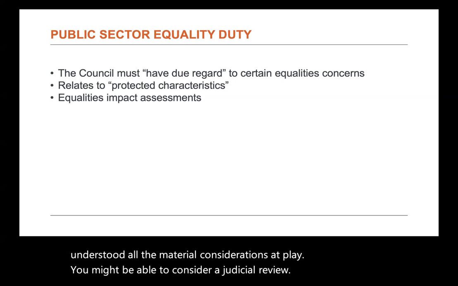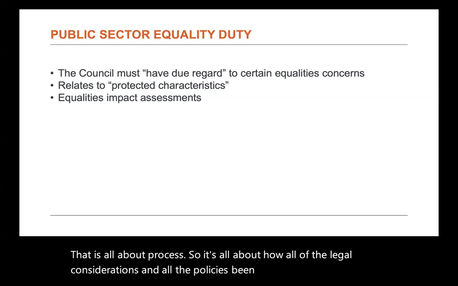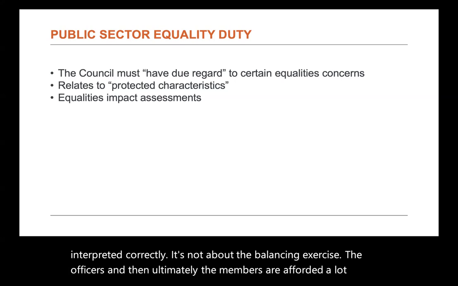That is all about process. So it's all about whether all of the legal considerations and all the policies have been properly understood and interpreted correctly. It's not about the balancing exercise. The officers and then ultimately the members are afforded a lot of discretion in how they balance things.